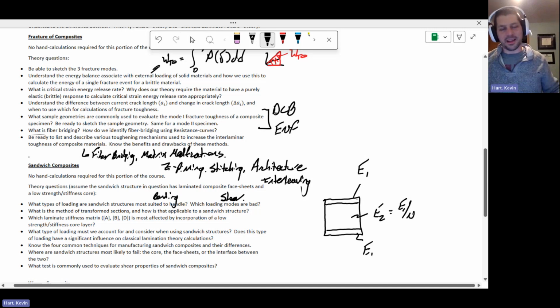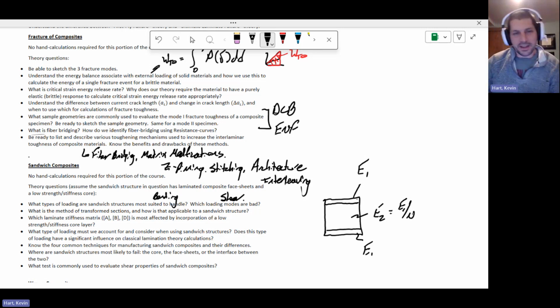Let's say 100 times less, okay? The method of transform sections is a mechanics of materials approach that says, if I just replace the central material with the face sheet material, how thick would that material need to be in the middle to be equivalent?